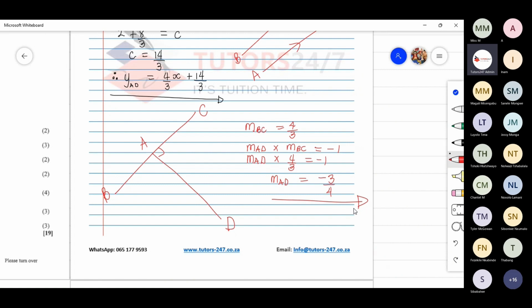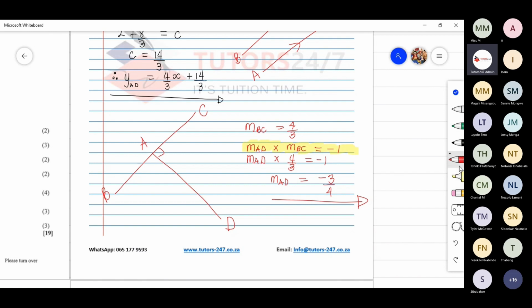Something that I've seen quite often is a question that states show or prove that the lines are perpendicular. If they ask you to show or prove that the lines are perpendicular, all you would need to do is multiply the two gradients. If they're asking you to show, it means most likely both gradients are given. So just use this formula that I'm going to highlight. This is the formula, right? Substitute both gradients. Don't make it equal to -1 if you are showing.